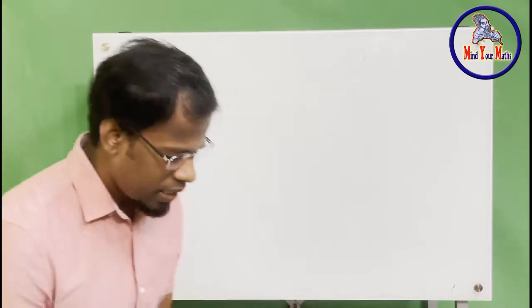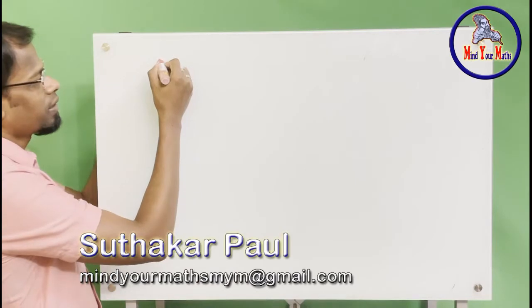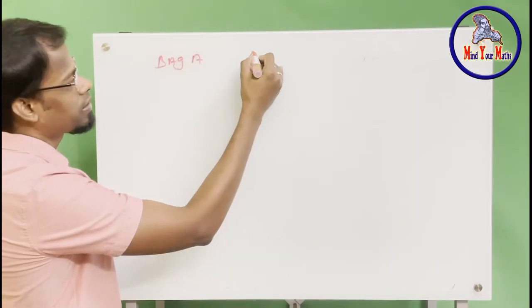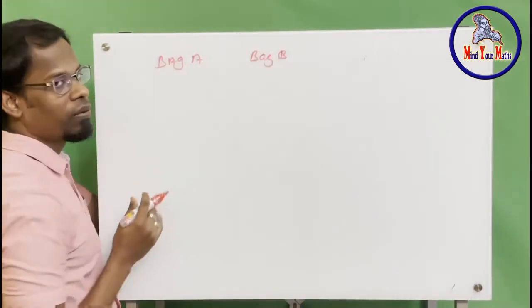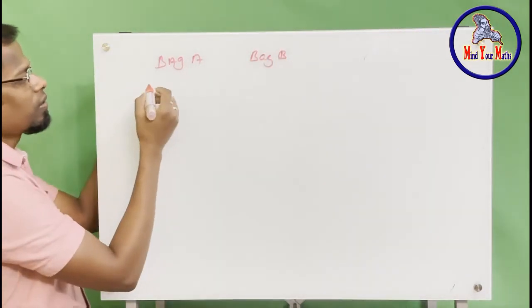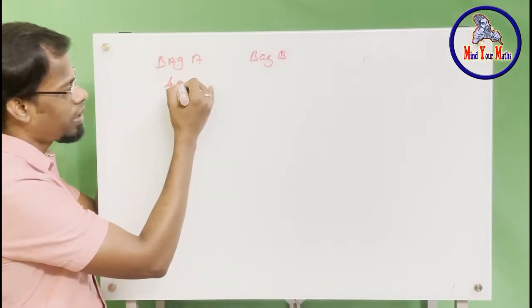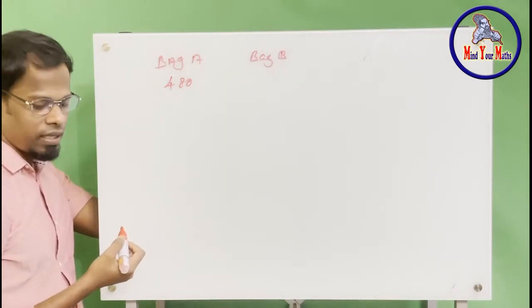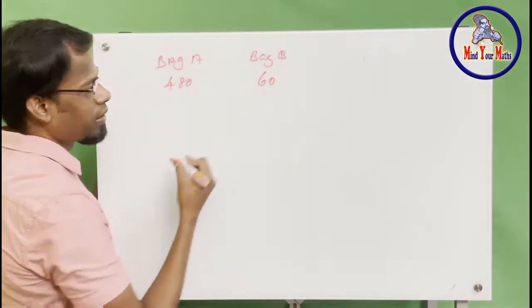Let's see what is given in the problem. Here it's bag A, this side it's bag B. What is given is 480 initially in bag A, and in bag B it is 60.